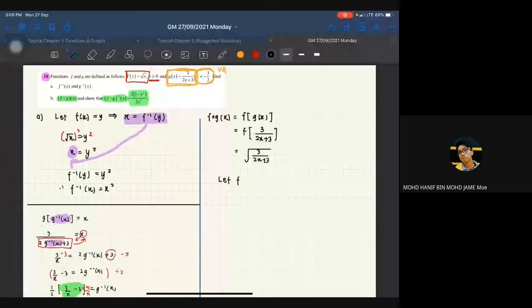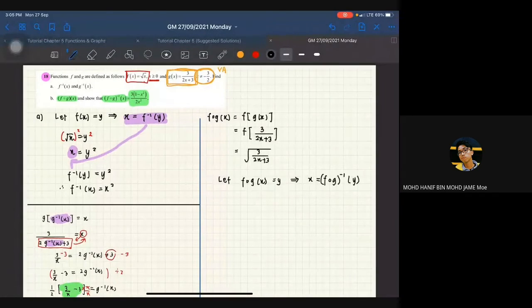Okay, so sekarang ni we let f of gx equal to y. Okay, so apa yang kita nak cari from here is we want to find x equal to f of g inverse, and then in bracket of y. Okay, so dia mesti dalam bentuk this one. Okay, so jom kita try.